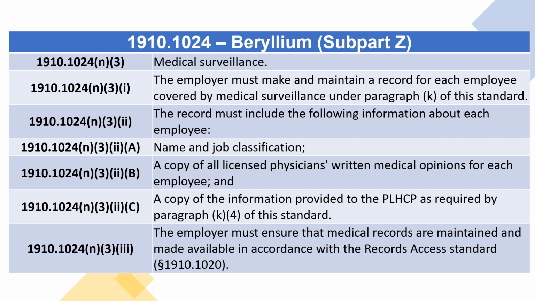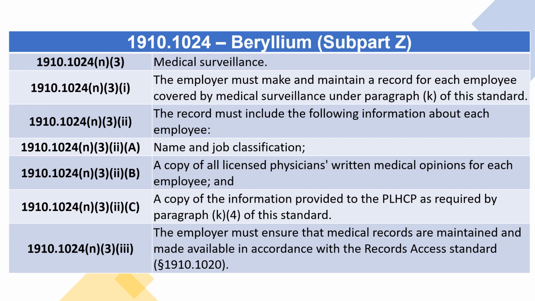1910.1024 N3 Medical Surveillance. 1. The employer must make and maintain a record for each employee covered by medical surveillance under paragraph K of this standard. 2. The record must include the following information about each employee. 1910.1024 N3 2 A through C. Name and job classification.